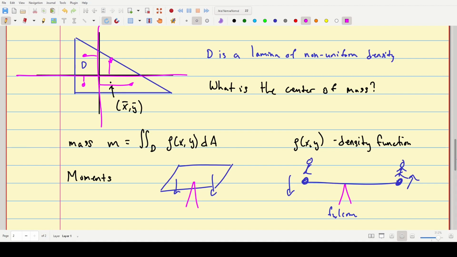The moment is the rotational force being applied. So the moment is how much the plate is trying to rotate. If it is supported at exactly its center of mass, all of the rotational forces are balanced, so the thing will stay upright and level.